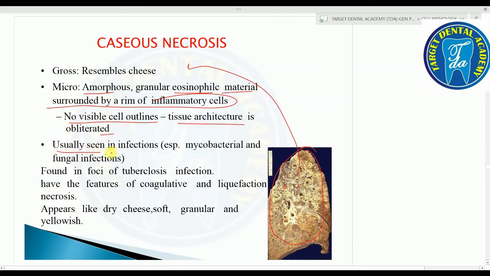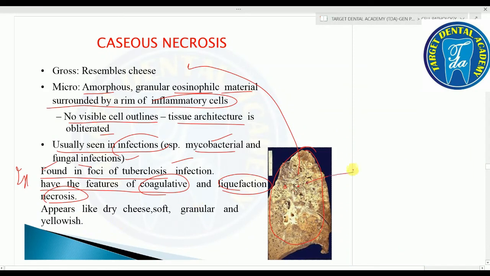It is usually seen in infections, especially mycobacterial and fungal infections. Found in the foci of tuberculosis infection, important, which has the features of coagulative and liquefactive necrosis. It appears like dry cheese, soft, granular and yellowish.